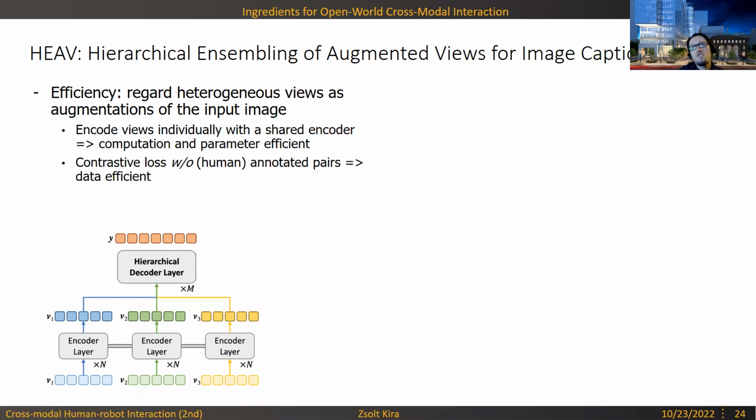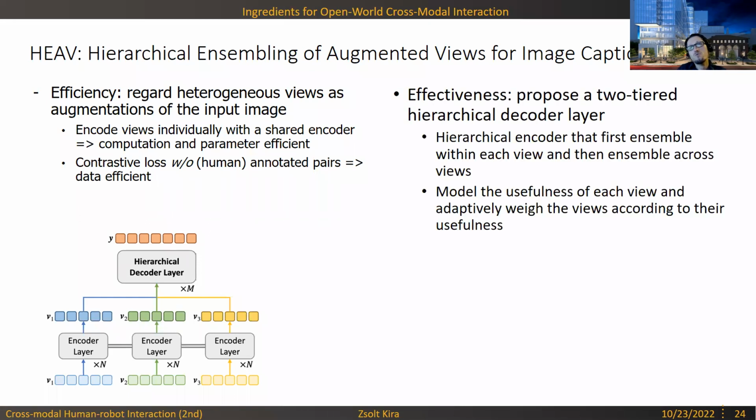Contrastive learning across augmentations is a very well-established thing now, and so we can actually do contrastive learning between the image view and the textual view that we retrieve, and get significant efficiency boosts, that is data efficiency boosts.